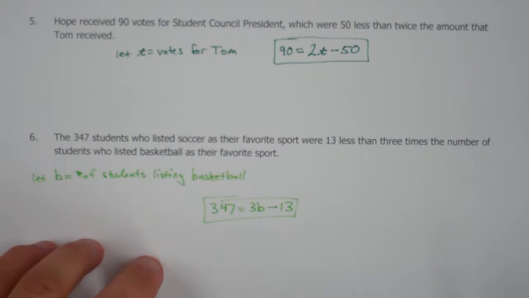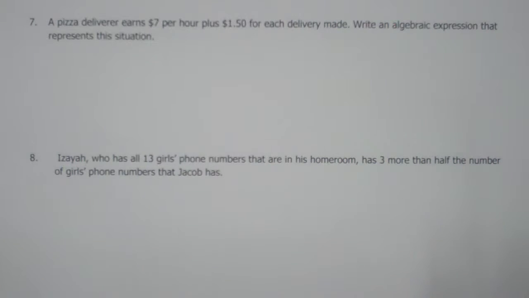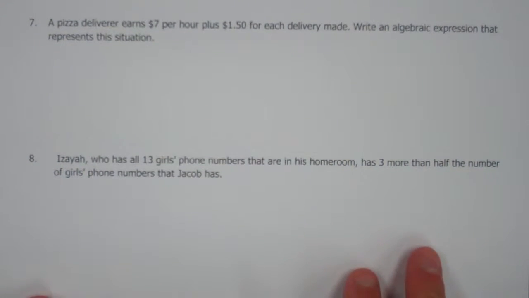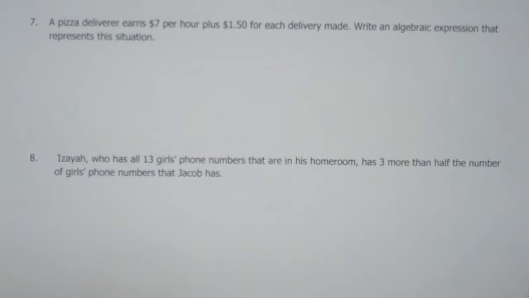Just a couple more in this example. I believe we've got 7 and 8. Number 7 says a pizza delivery driver earns $7 per hour. That word's going to be important. Plus $1.50 for each delivery made, and that's going to be important too. We're going to write an algebraic expression that represents this situation.